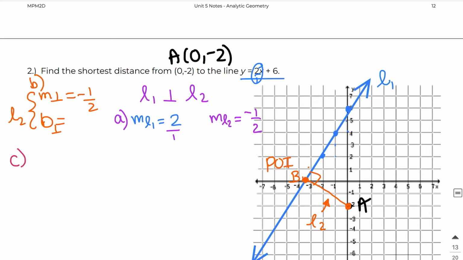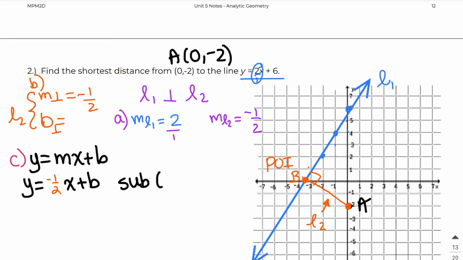So we're going to use y equals mx plus b. We know that m is -1/2, and we also know that it is going to pass through the point A. So we're going to sub in 0, -2. So I'm going to replace the y with -2 and the x with 0.